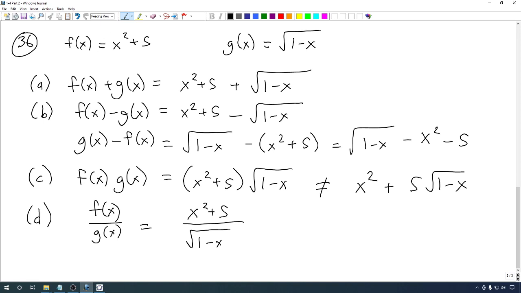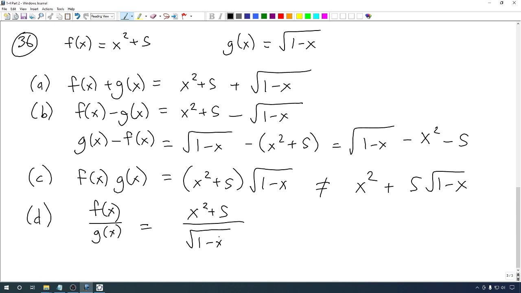If the domain of f was not all real numbers, if it excluded some, we'd also have to exclude those from A, B, and C. With division, we actually have the additional condition that we can't have 0 on the bottom. That comes out of nowhere, just because we have a division as our operation here. So we also need to not have the square root of 1 minus x be equal to 0.